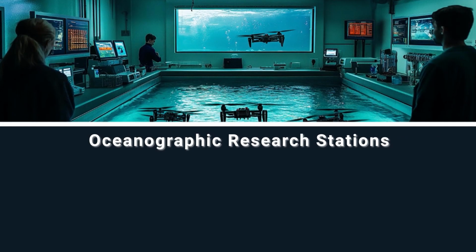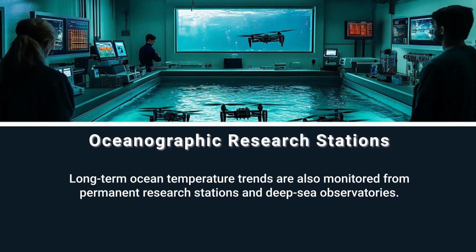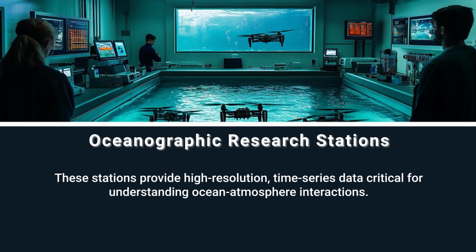We also have oceanographic research stations. Long-term ocean temperature trends are monitored from permanent research stations and deep-sea observatories. These stations provide high-resolution time series data crucial for understanding ocean-atmosphere interactions.